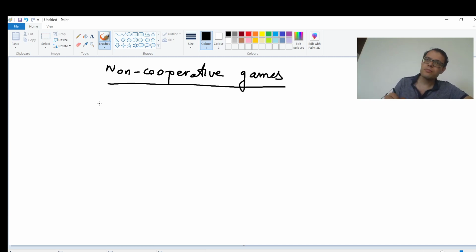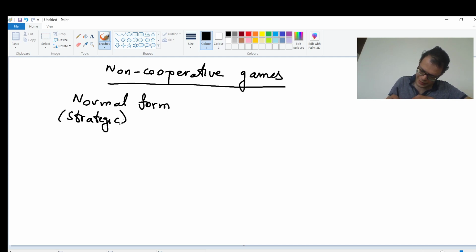So normal form is simpler, that's why maybe it's called normal, maybe because it's often written as a rectangular array, but I do not know that. So normal form or strategic form, because here the basics are strategies.